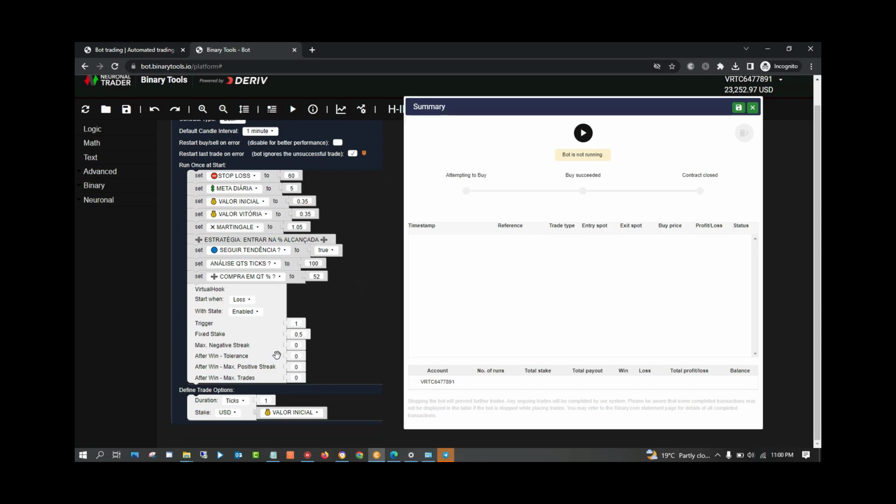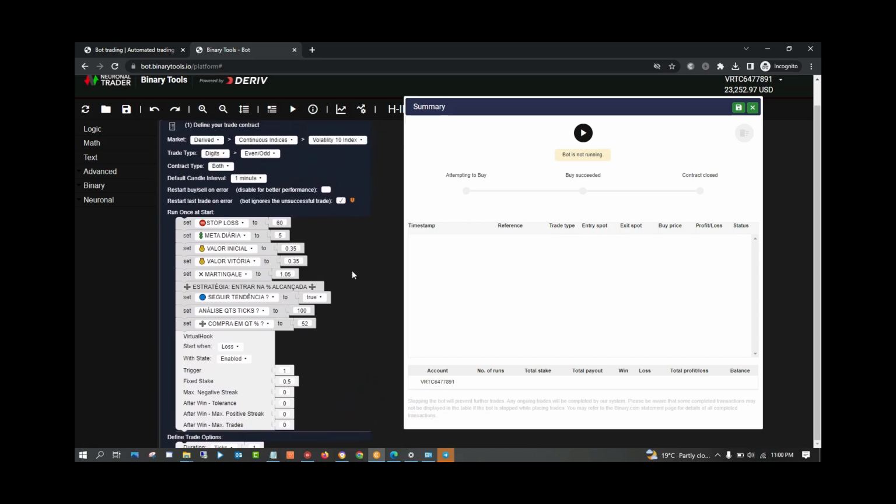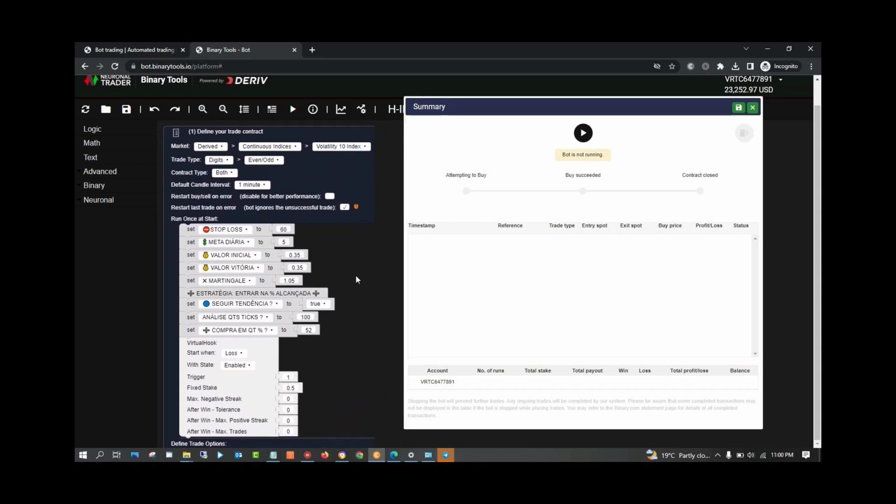This one is a virtual hook. So I'm just going to show you what is happening on this bot, and maybe if you find that this bot is good for you, then you will find it on the Telegram link.